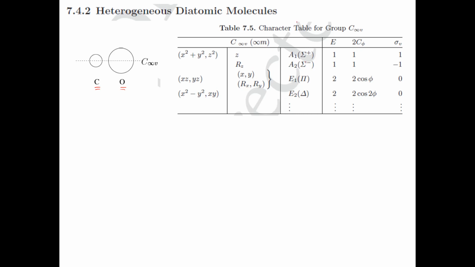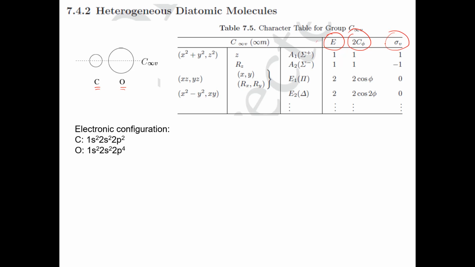You have symmetry operations identity, the infinite set of rotations around the main axis and the infinite set of sigma v planes. Okay? Alright.